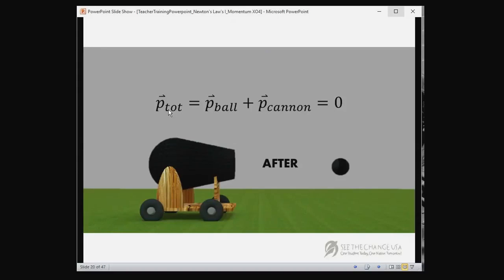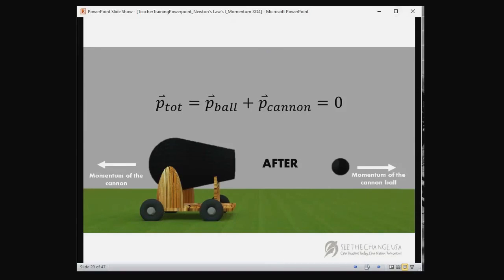And when I mean total momentum, again, I mean the momentum of the ball and the cannon. So the momentum of just the ball is not going to be zero, and the momentum of just the cannon isn't going to be zero, but the total momentum must be zero. So the momentum of the ball is pointing this direction, and the momentum of the cannon is going to be pointing in the opposite direction. This is called recoil.